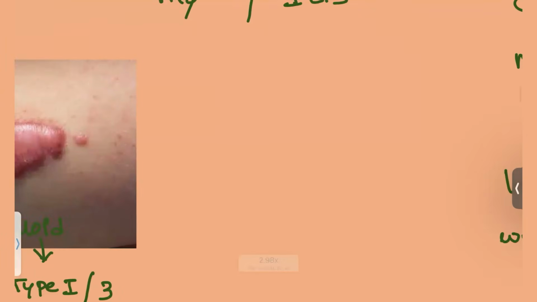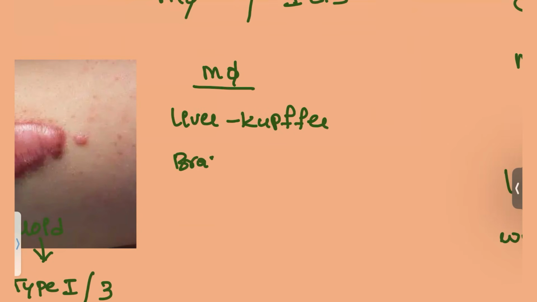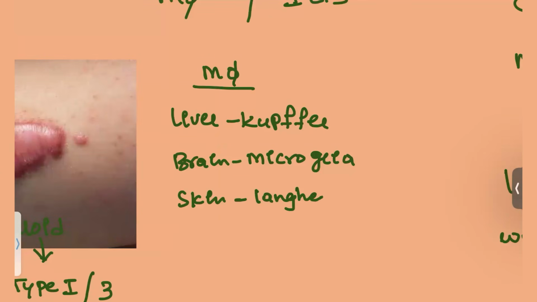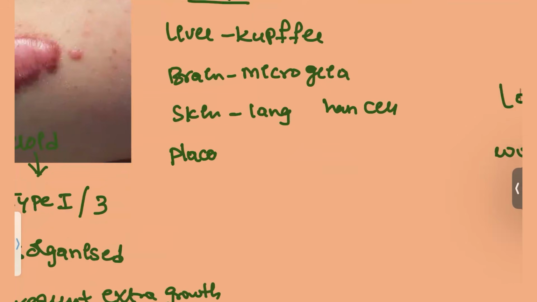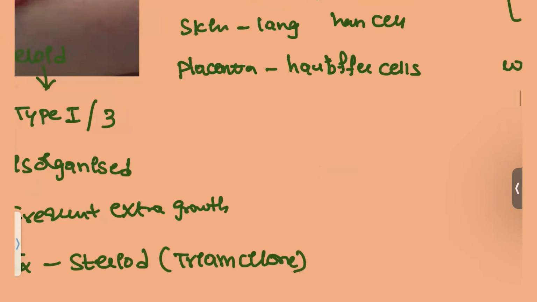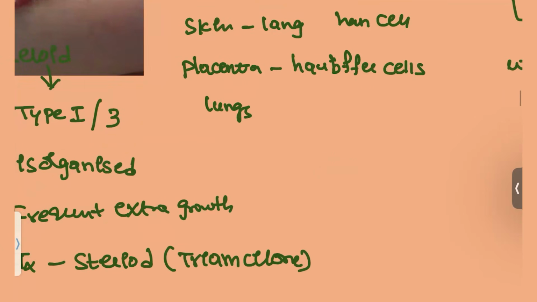Also remember some of the macrophages as per the system. In the liver, you are going to see the Kupffer cells. In the brain, microglia, and on the skin, we're going to see the Langerhans cells, and in the placenta, you are also going to see the Hofbauer cells, and in the lungs, dust cells.